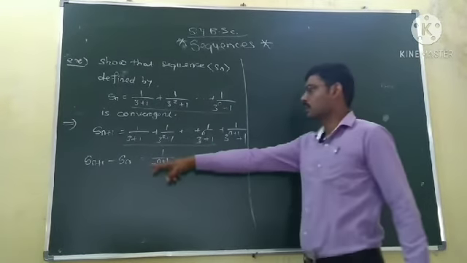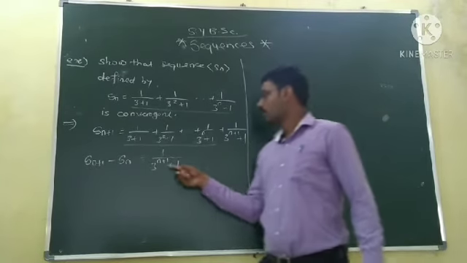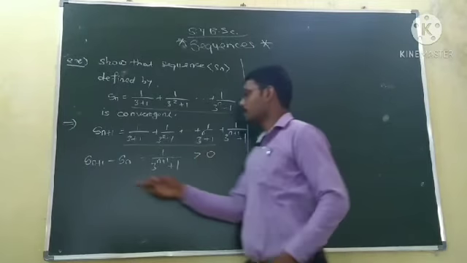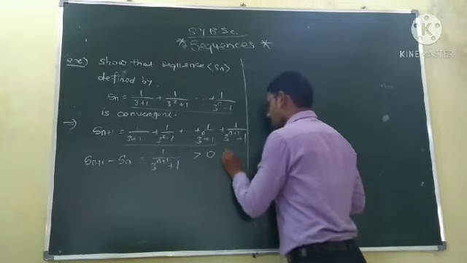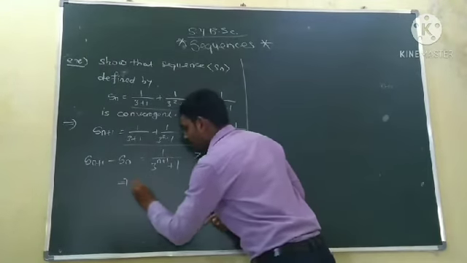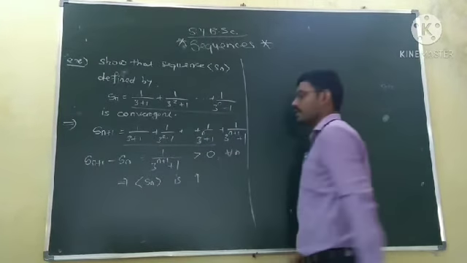So Sn plus 1 minus Sn is this, and this number is positive. You put any rational number, this is greater than 0. So if Sn plus 1 minus Sn is greater than 0, and this happens for all values of n, this implies the sequence Sn is monotonic increasing.